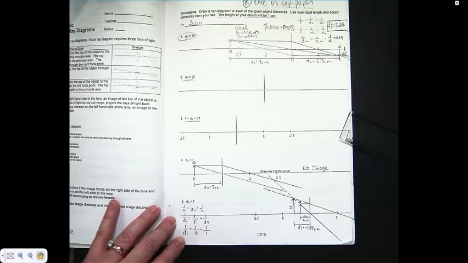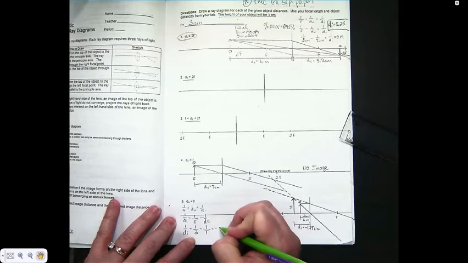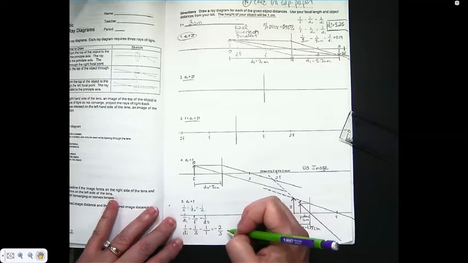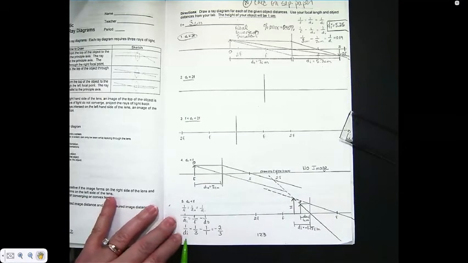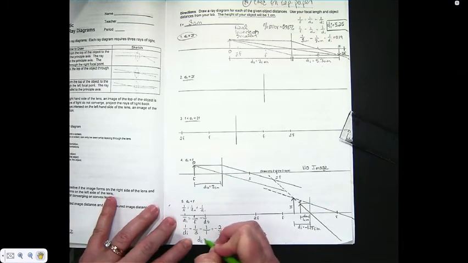So 1/3 minus 1 would give me a negative 2/3. And since that's equal to 1 over the image distance, the image distance is the reciprocal of that.